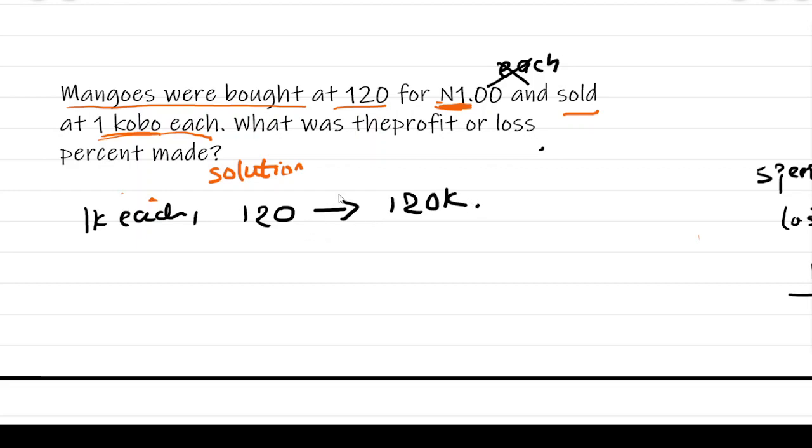But then we bought them at 1 naira, that is, 100 kobo. So 100 kobo is our cost price, and the 120 kobo is our selling price.